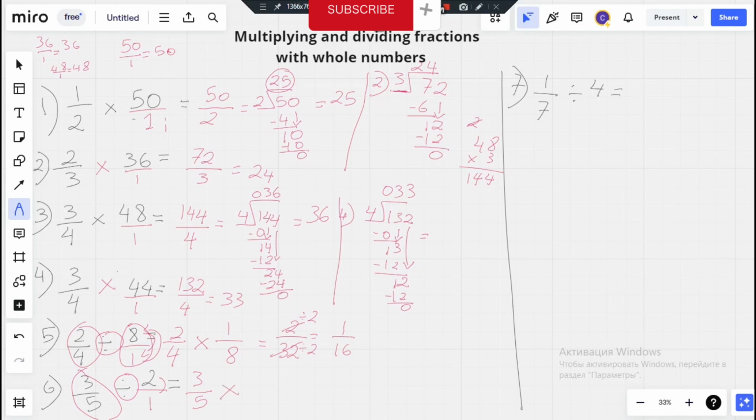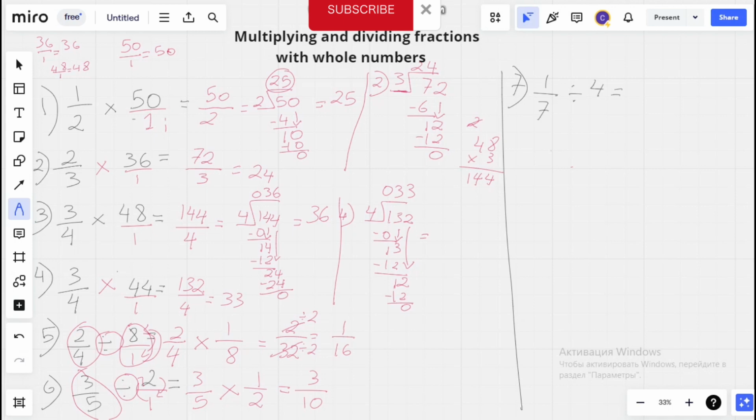Multiplication. And then this comes here and that goes there. So 1 goes up, the 2 goes down. 3 times 1, that's 3. 5 times 2, that is 10. We don't need to do anything here because 3 is smaller than 10 and there is no number that can divide both 3 and 10. So our answer is 3 over 10.